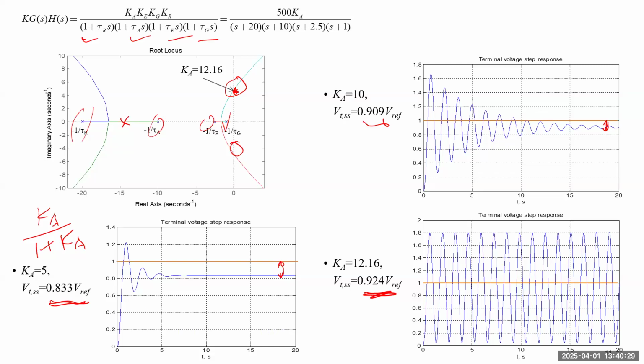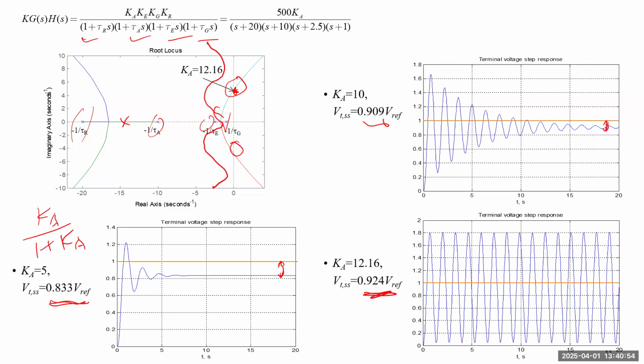Those rules can still be applied, and that will change the angle and direction. For instance, if you add an additional pole, that can make this root locus point in a different direction. That gives you additional room to use an even bigger gain without losing stability.